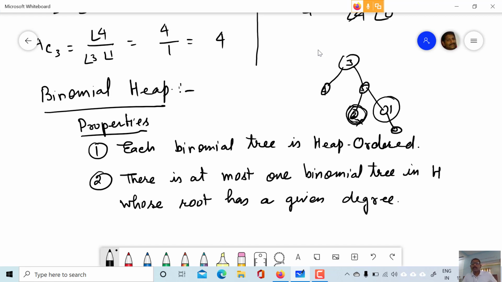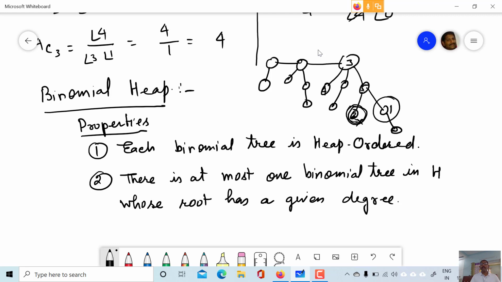It does mean that suppose there is a binomial heap. This is one of the root nodes, and suppose this has degree 1, suppose this is another one, and this has degree 2, and suppose this one has degree 3, and they are connected to each other.